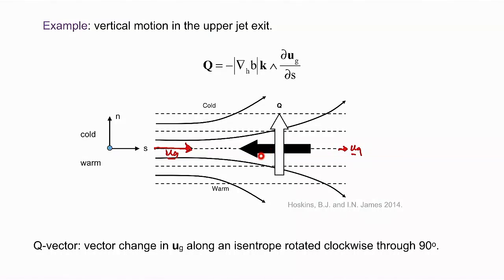The wind upstream minus the wind downstream. So it's something which is small minus something which is large. This is the change in UG along s. Rotate through 90 degrees. Gives us this. So rotate this thing clockwise. It gives us that. That's the Q vector.